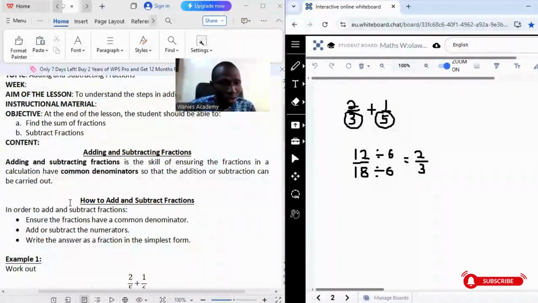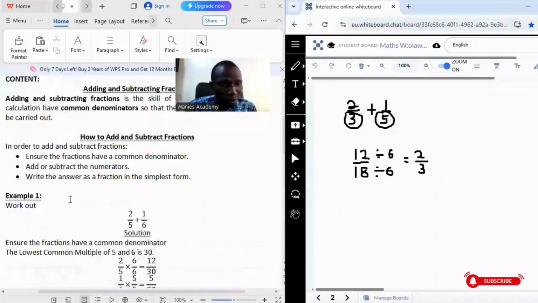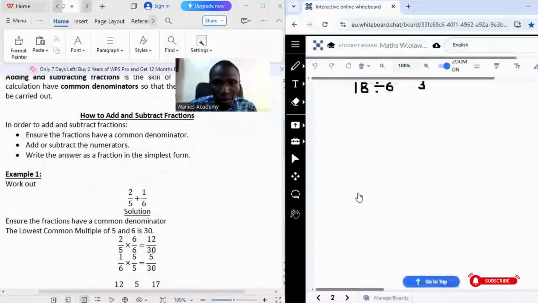All right, now let's look at the first example. We're asked to work out 2/5 plus 1/6. Example 1.